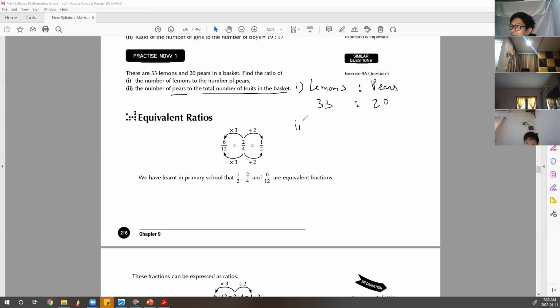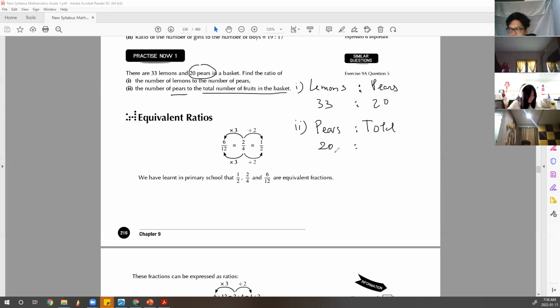Now, the number of the pears to the total number of fruits. Before you write the numbers, try to analyze what the question is asking you. The question is asking you to compare the pears and the total. We don't have the total. We have the number of pears, 20 pears. What is the total? Anyone? 53.